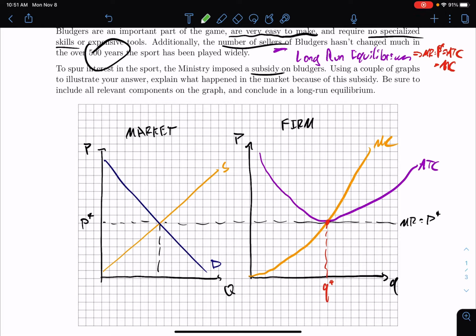The way we think about subsidies is to turn to the market and look at what happens to prices and quantities at the market level, and then use our understanding of subsidies and how that relates to quantities and prices to then observe what happens to the firm in response to the changes in prices.